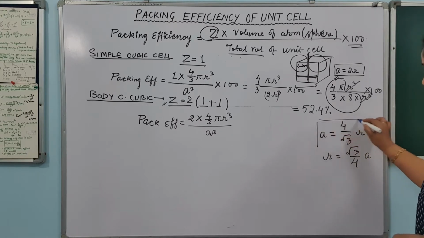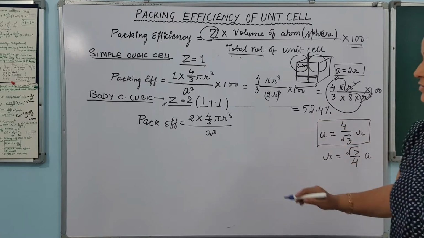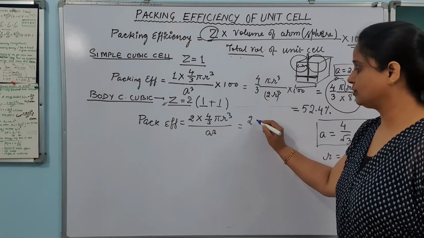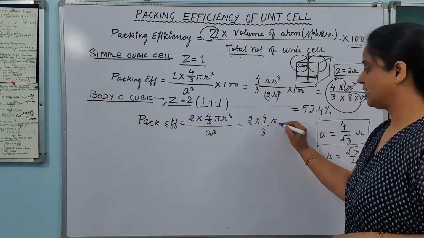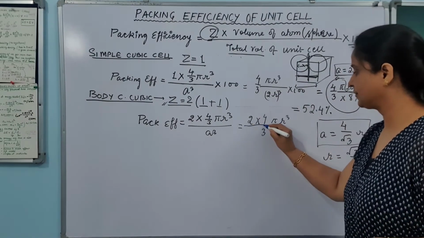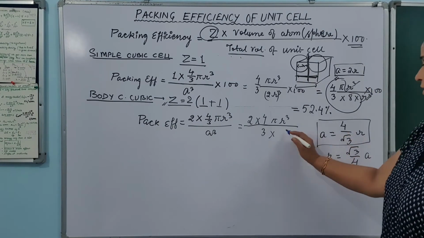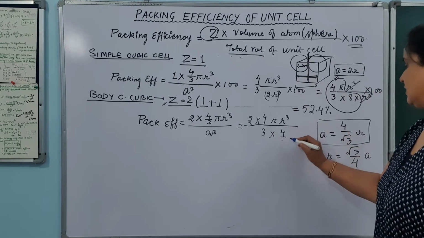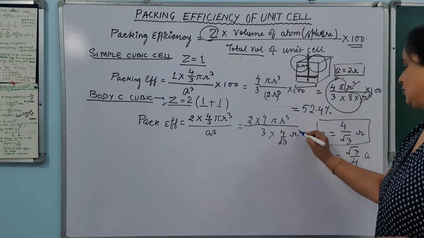So we are going to convert this, a को r में convert कर रहे हैं, so we can use this formula here, 2 into 4 by 3 pi r cube, and a cube is converted into 4 by root 3 r cube.